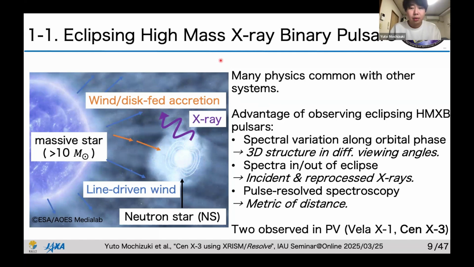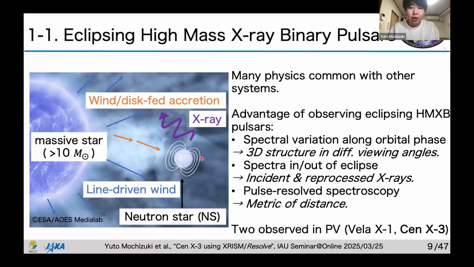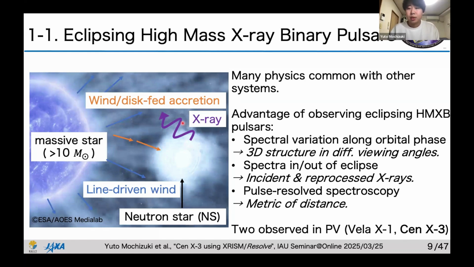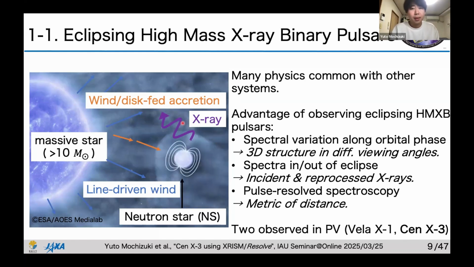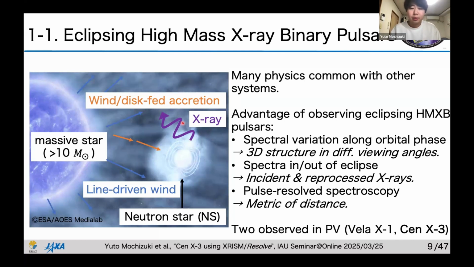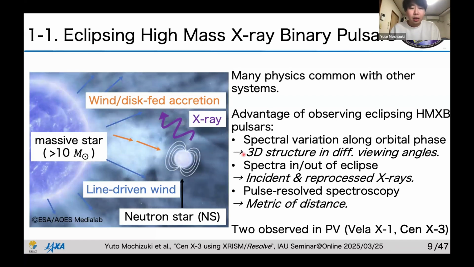Eclipsing high-mass X-ray binary pulsars consist of a massive star and a neutron star. The neutron star accretes material through wind or disk, and then radiates X-rays. So there are many common physical processes with other systems, such as AGN. But eclipsing high-mass X-ray binary pulsars have three observational advantages.